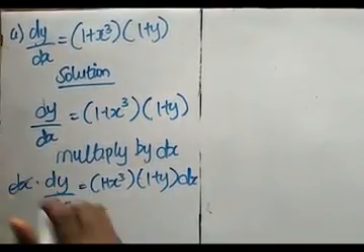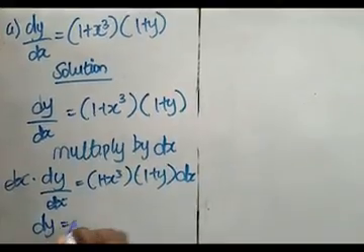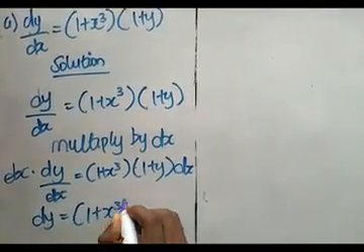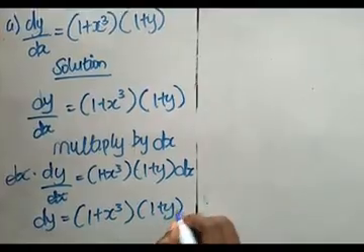The dx on the left cancels out, and we have dy equals (1 plus x)(1 plus y) dx.